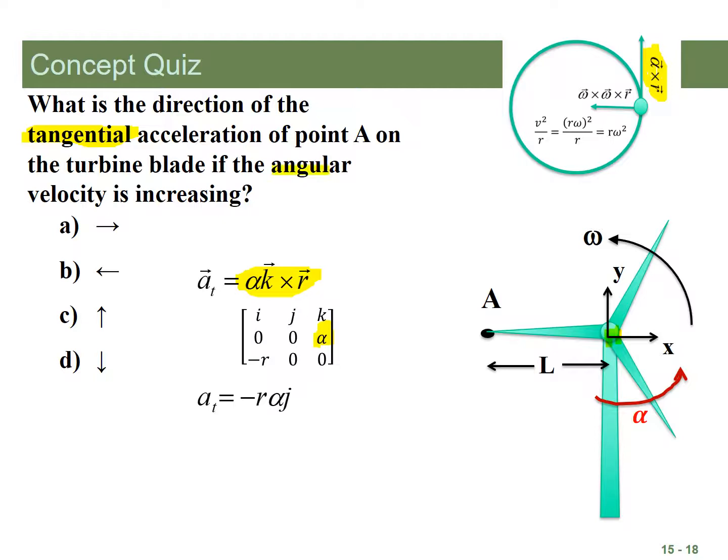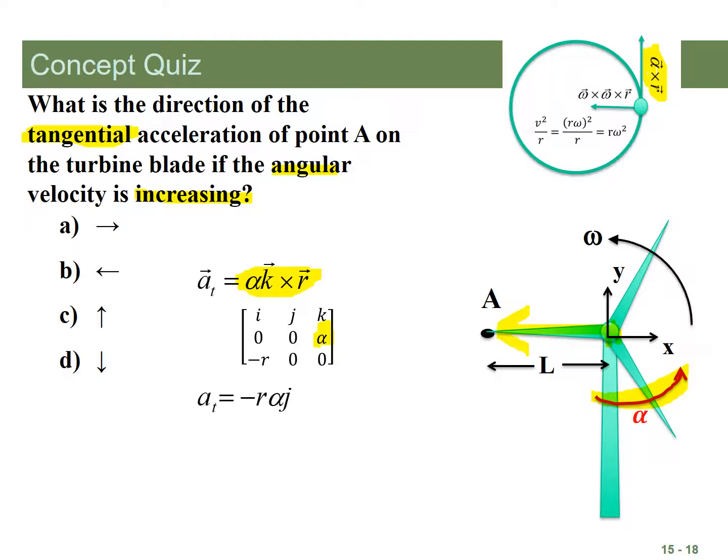And they say the angular velocity is increasing. So that would be coming around here in the counterclockwise direction in the positive k direction. So we would put this over here in the positive k direction, and then our position vector is from the axis of rotation to the point we're interested in.